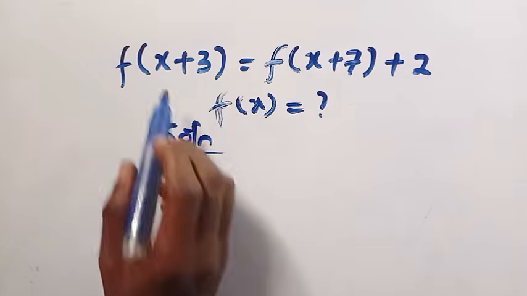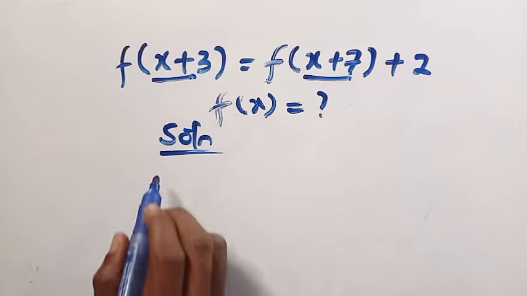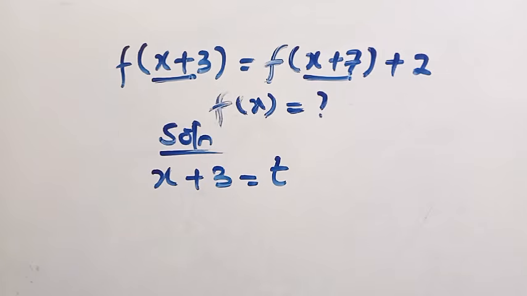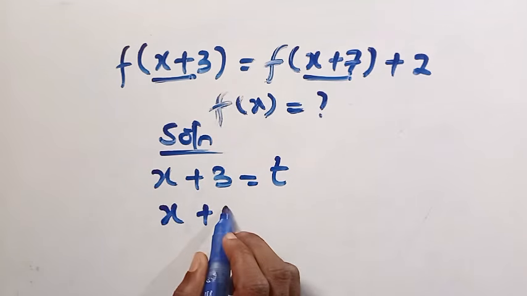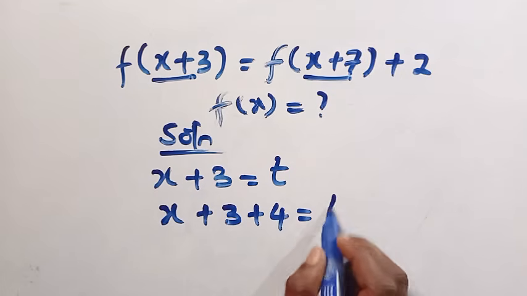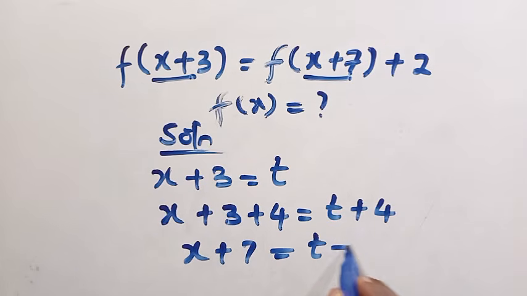Looking at this, we have x+3, we have x+7. Let's try and break this thing down. If I let x+3 equal t, then I want to get x+7. It means I have to add 4 to both sides. By adding 4 to both sides, we have x+3 plus 4 equals t plus 4, and here gives us x+7 equals t plus 4.